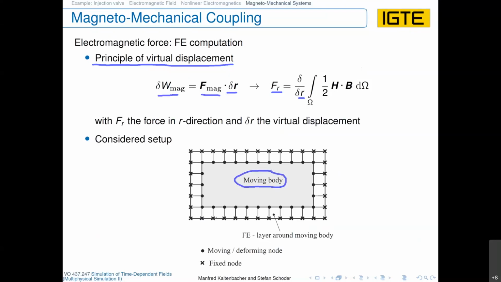You fix all the outer nodes, and just the nodes on the surface of this body can have a virtual displacement. So the virtual displacement delta R is set to 0 in this node. Fixed node means that this delta R is 0.